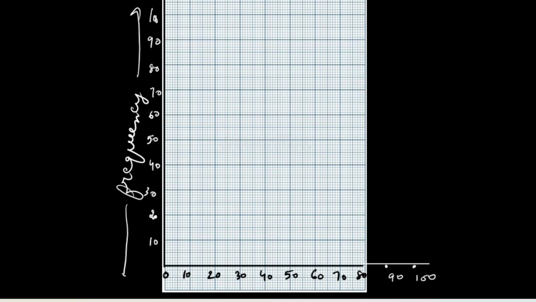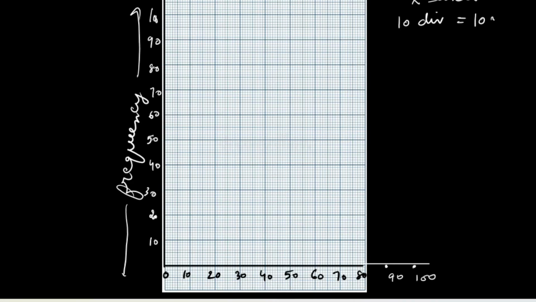Now a very important thing: first of all, write the graph scale. Graph scale is very, very important. On the right side, the right upper corner, you can write. Along the x-axis, you can see 10 divisions will be there. So 10 divisions equal 10 units, because we are taking 0 to 10.